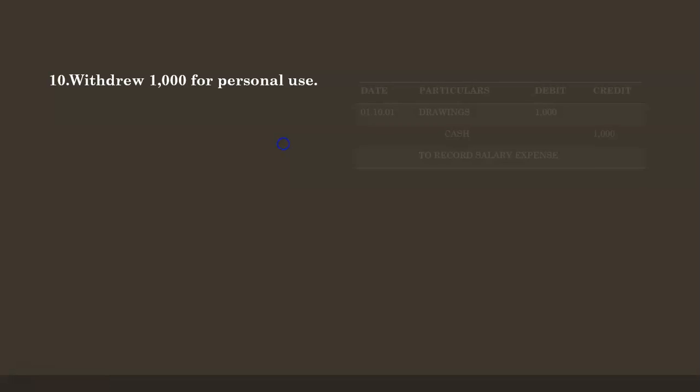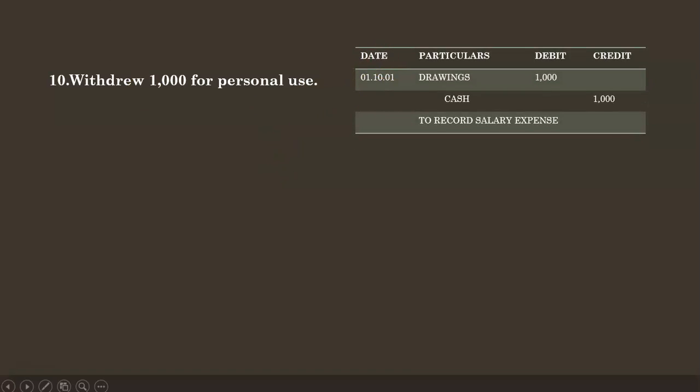Next, withdraw 1,000 for personal use. Okay, let us check the journal entry. The date is January 10. Particulars, drawings. Okay, debit 1,000. When we see the transaction withdraw, meaning to say we have to debit the drawings, if it is for personal use. Drawings 1,000.